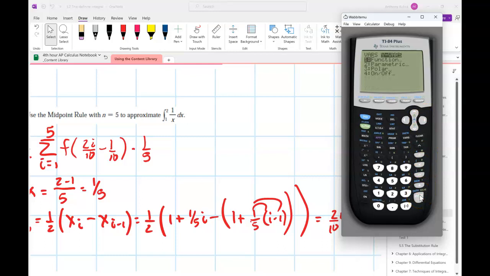So vars, y-vars, function y1 of 2x over 10 minus 1/10. And there we go. Everybody okay? The only difference is the way you calculated your xi, right? That's the only difference in the midpoint formula.